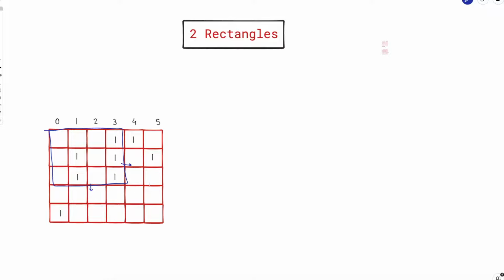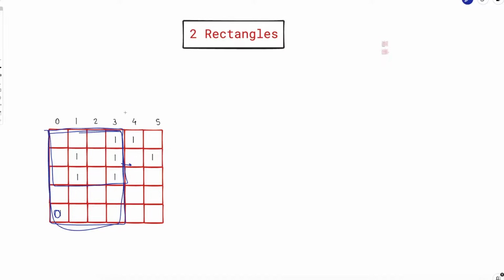You can't afford both, right? So assume that there is no one on the down side. Let's assume this is 0. So in that case, this entire thing is 0, right? And if this entire thing is 0, then you have completed whatever you have to do for this entire piece.